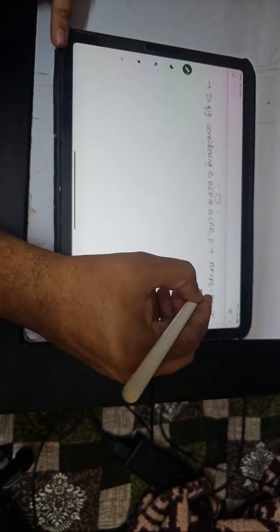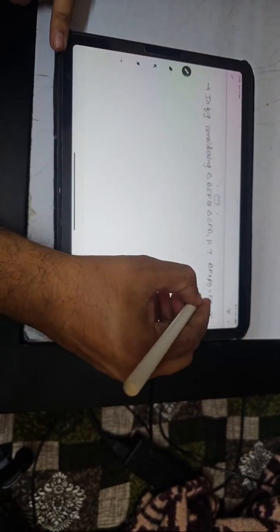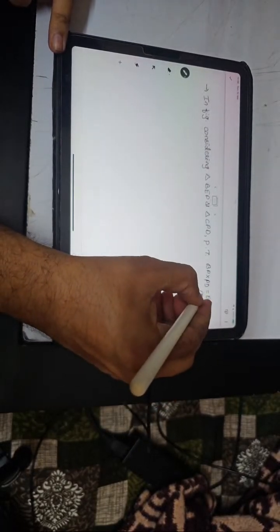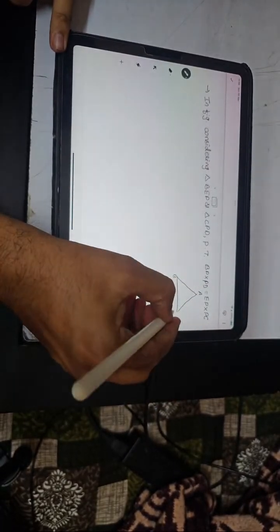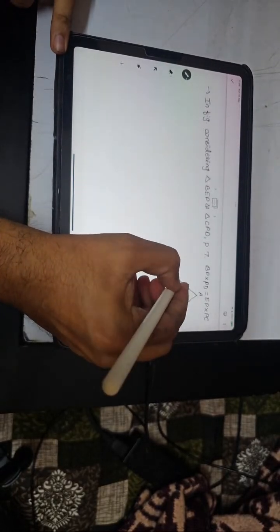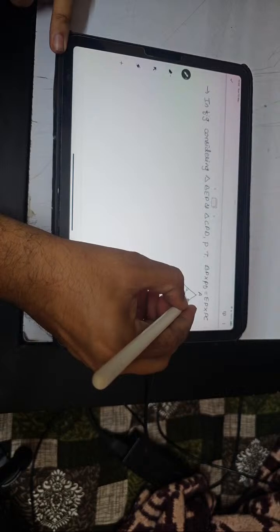Now if I draw the diagram, you will say, yes sir, we know this one. See, this diagram. And if you remember, I think in the half yearly also this sum was there.